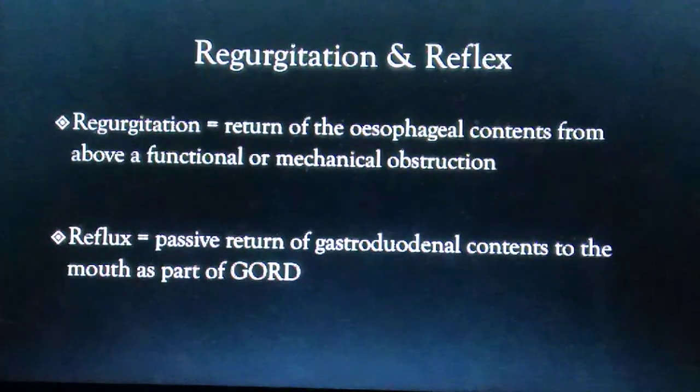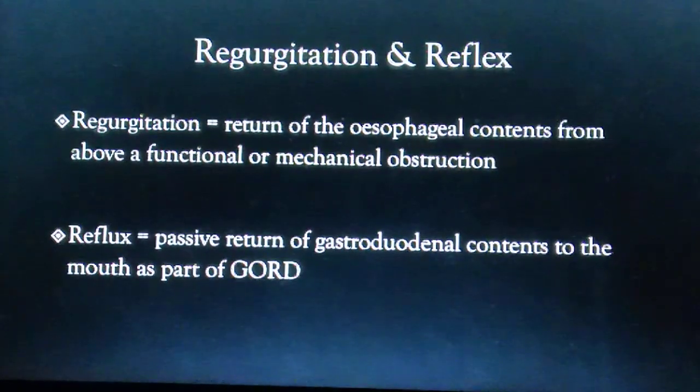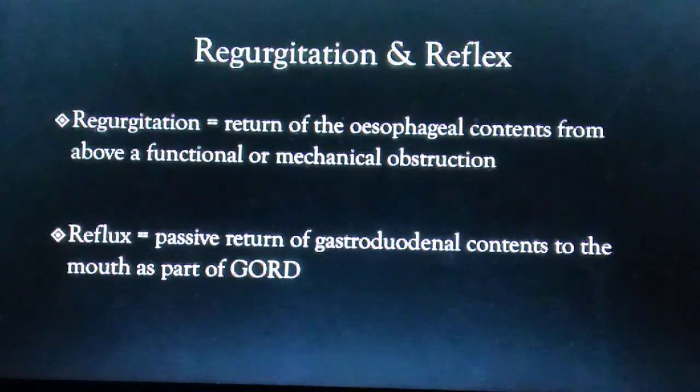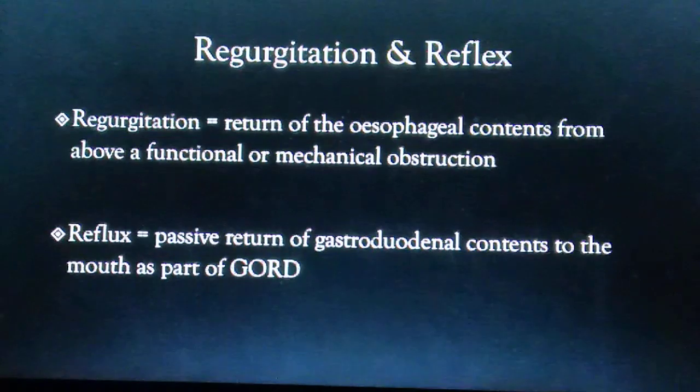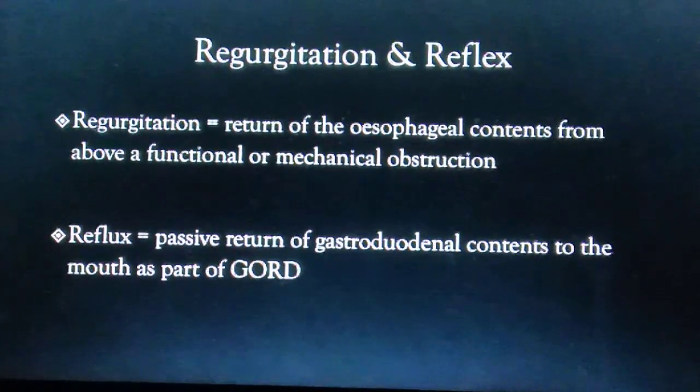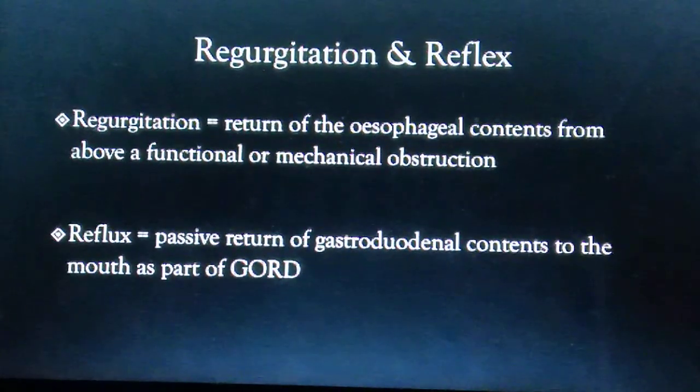Whereas reflux is a passive return of gastroduodenal contents towards the mouth as part of gastroesophageal reflux disease. As such, there is no distal obstruction in reflux. This is the basic difference between regurgitation and reflux.